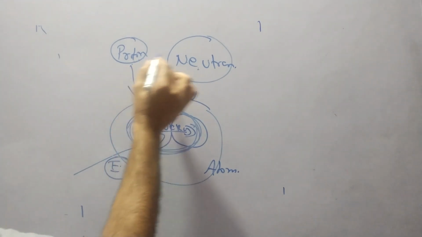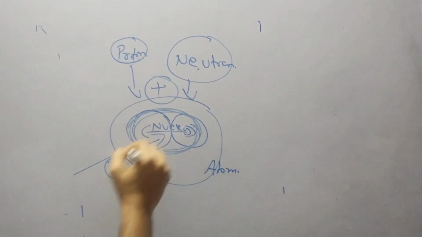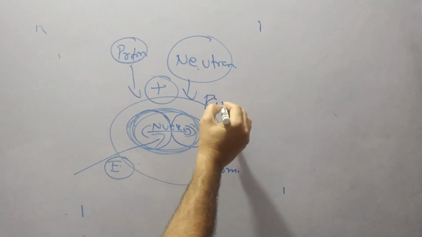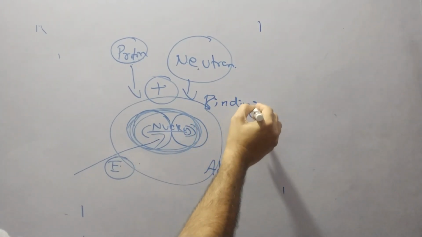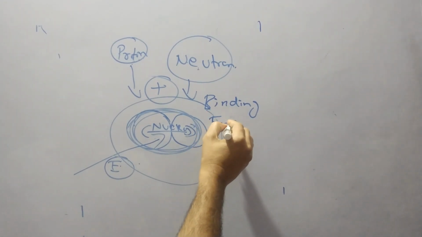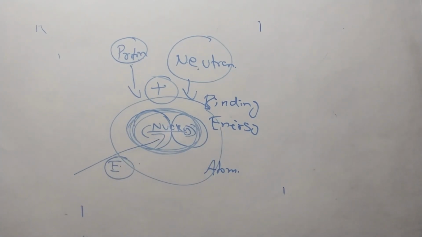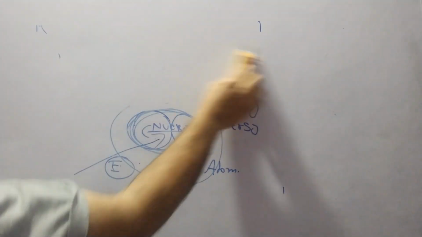To separate this proton and neutron, we have to supply energy. That energy is known as binding energy. So binding energy is nothing but the energy we have to supply to separate proton and neutron.